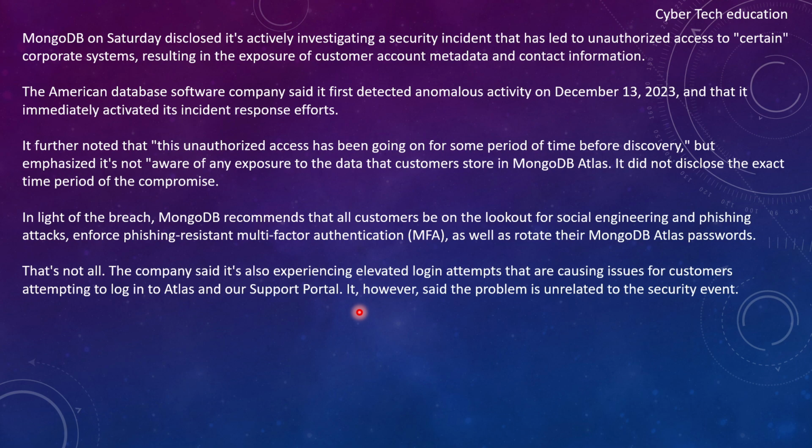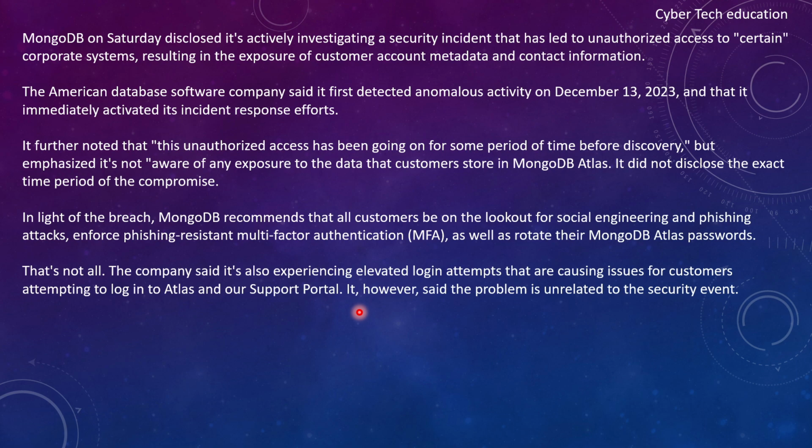The exact time period of the compromise has not been disclosed. In light of the breach, MongoDB recommends that all customers be on the lookout for social engineering and phishing attacks, and ensure phishing-resistant multi-factor authentication, as well as rotate their MongoDB Atlas passwords.